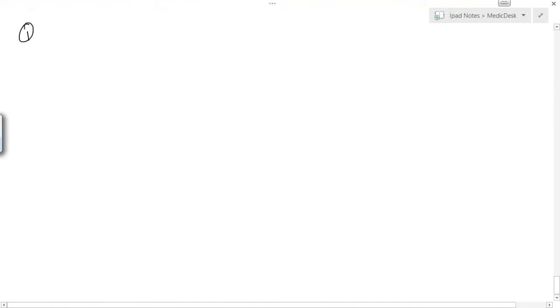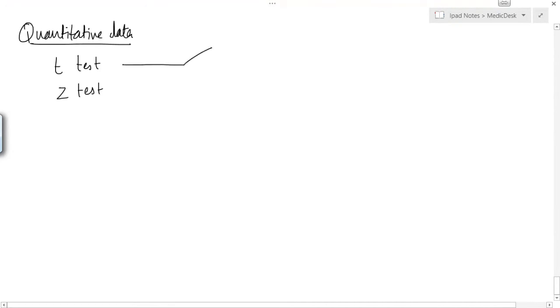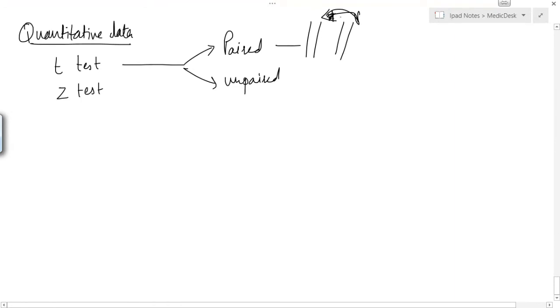For the quantitative data, we have the t-test and z-test. T-tests are of two types: paired and unpaired. Unpaired basically means there are two groups of populations and we compare both groups. In paired, there is a single group, with before and after studies.